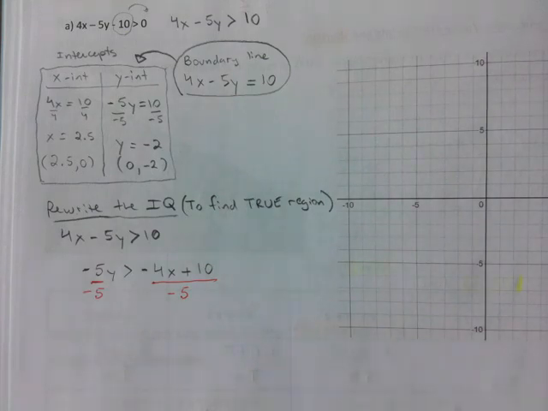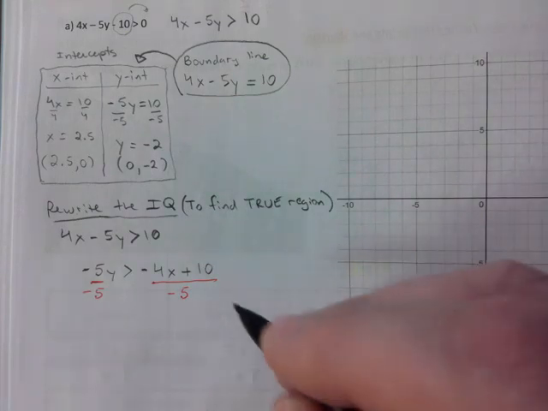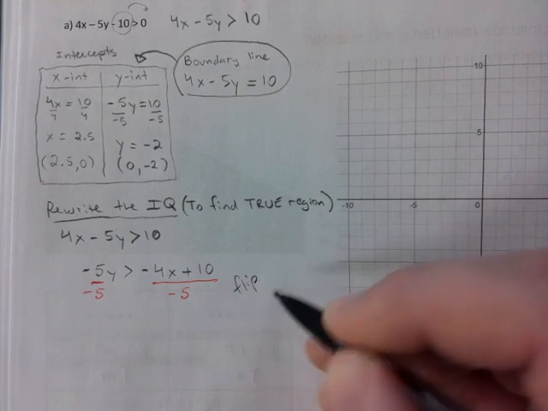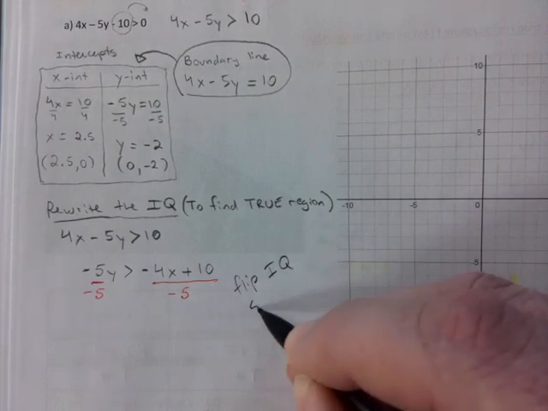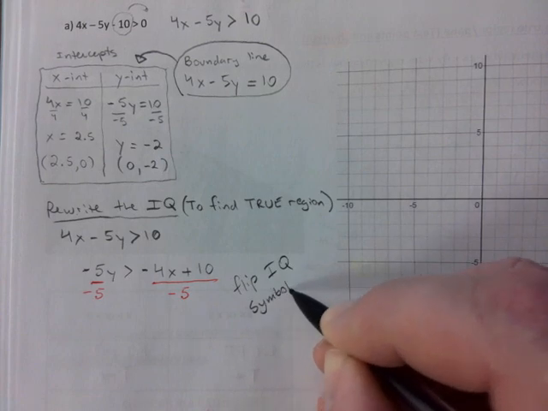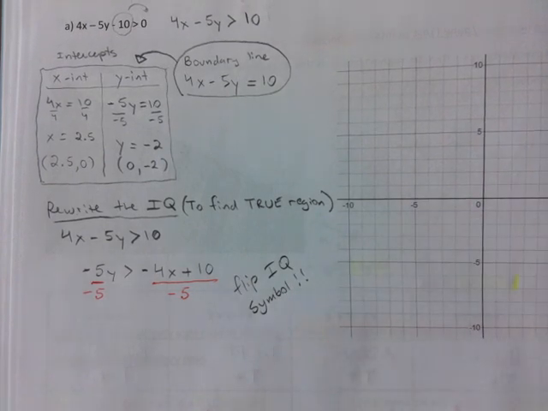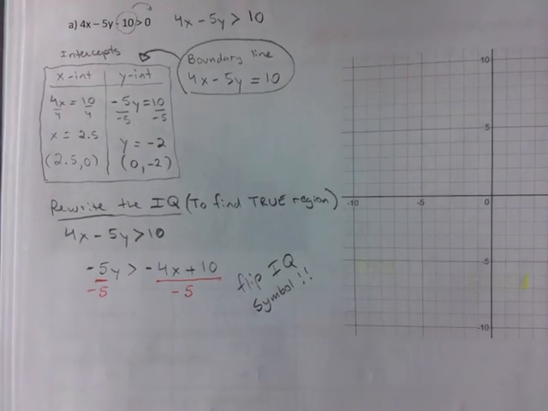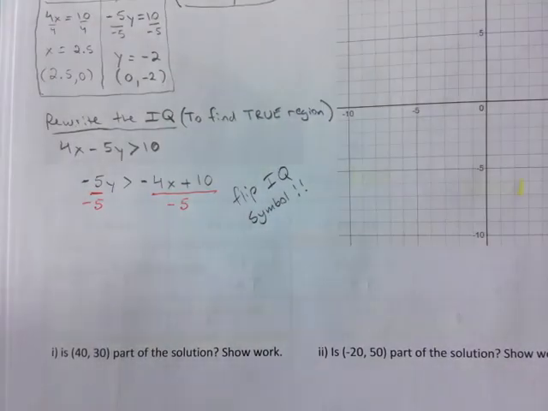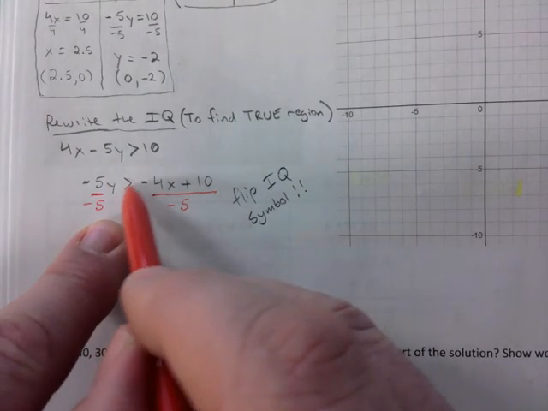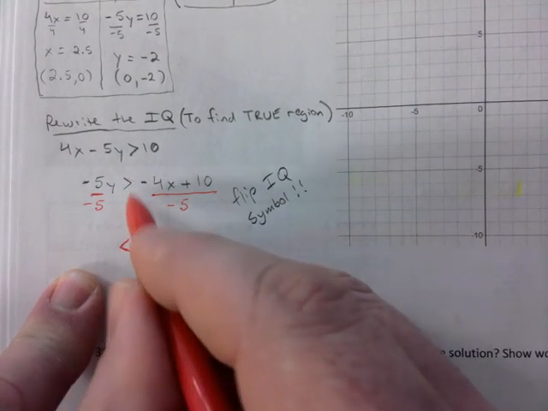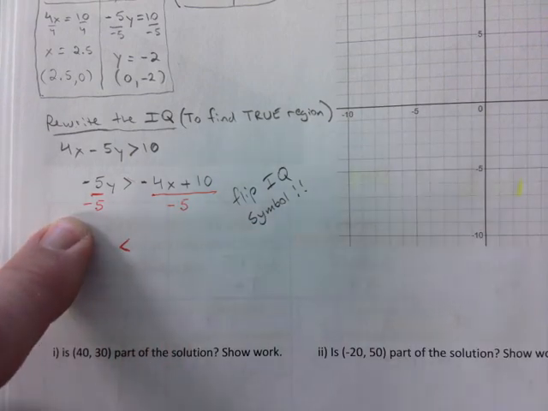And that should give you an alert right there. Flip the inequality symbol, because I'm dividing by a negative. So this pointing right, it's going to be pointing the other way now, because I'm dividing by a negative to keep this true.